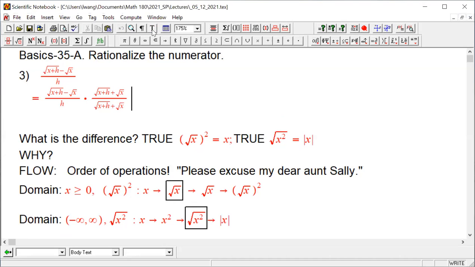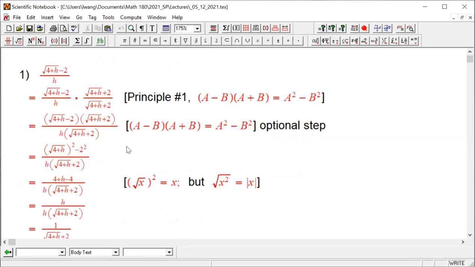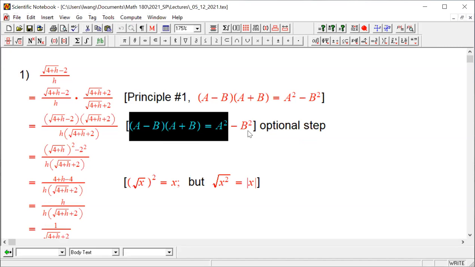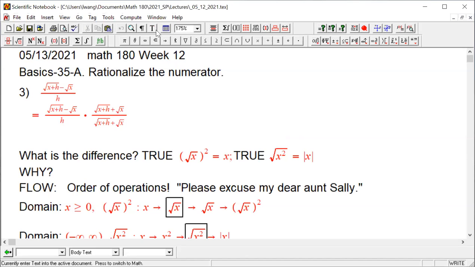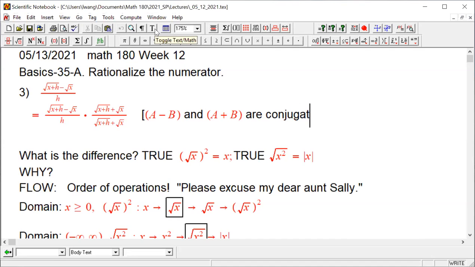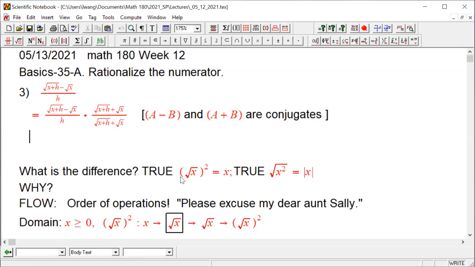Conjugate is a very simple concept in the way that a plus b, a minus b, they're called conjugates. Anything in that form is called conjugates in general.